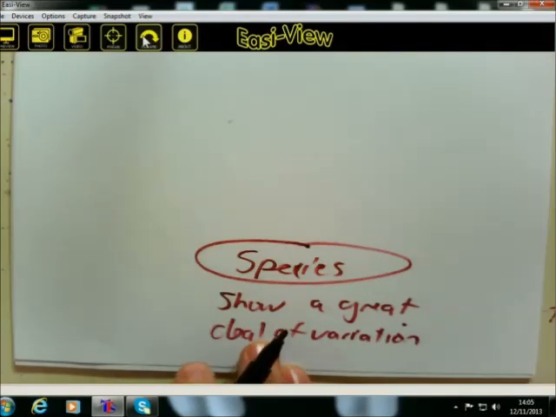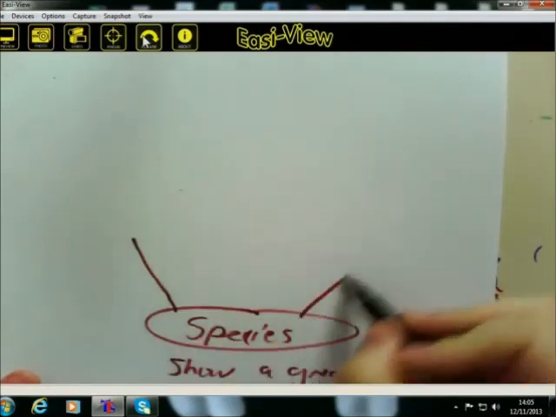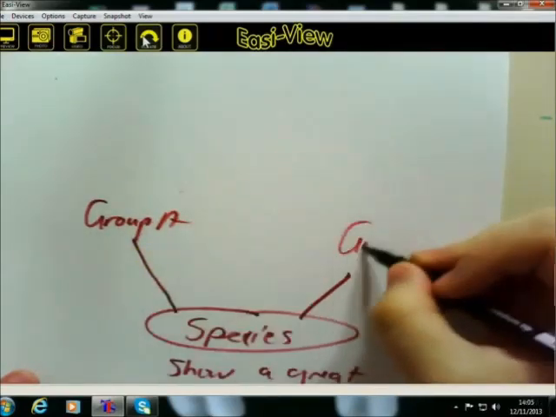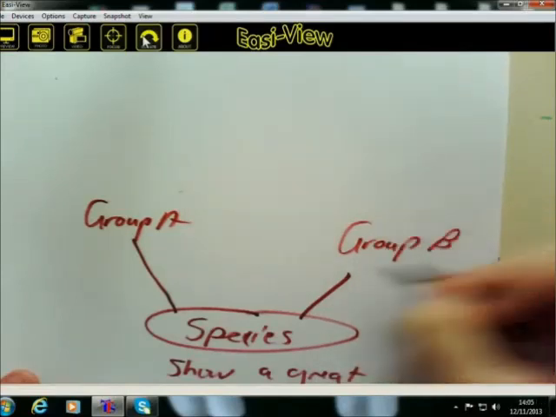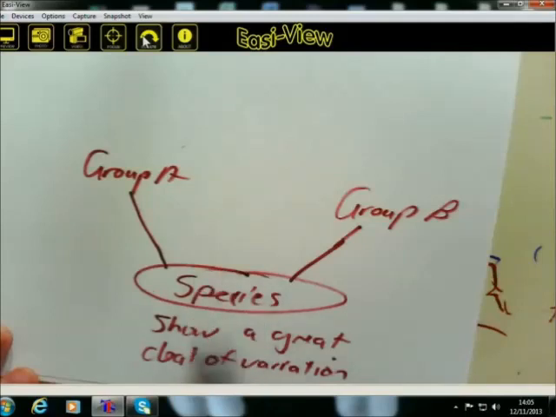It could be goats, it could be squirrels, it could be plants, whatever the case is. What we see is that from here you have 2 definite groups. You're going to have a group A, and you're going to have a group B, that have originated from this genetically varied population to start with.